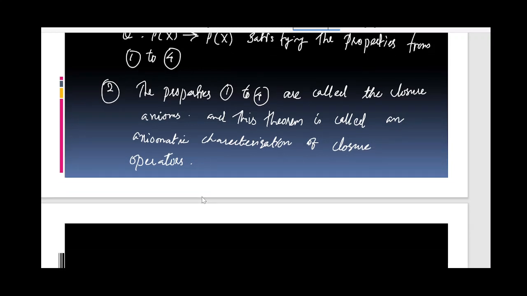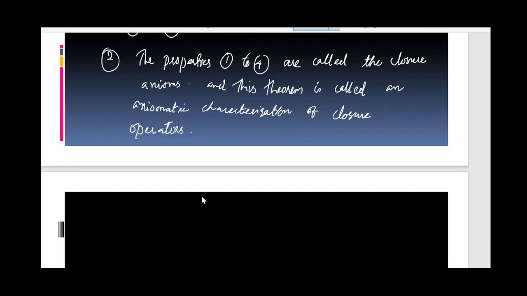So this theorem can be asked as: state and prove the axiomatic characterization of closure operators.